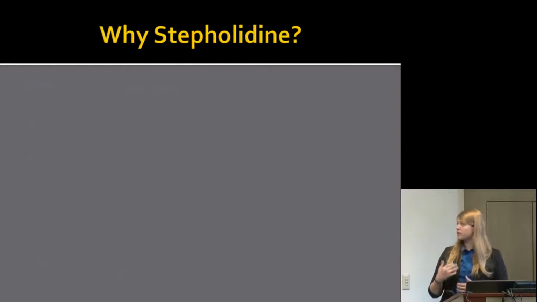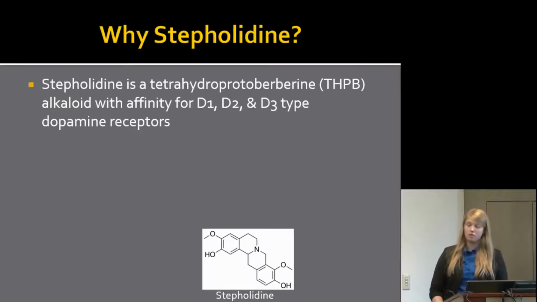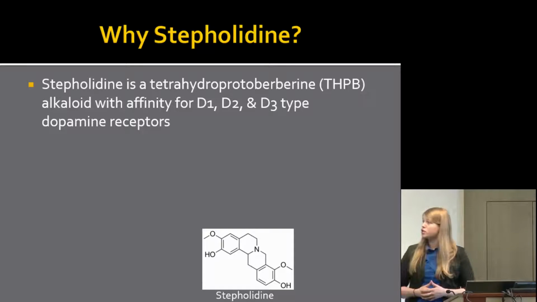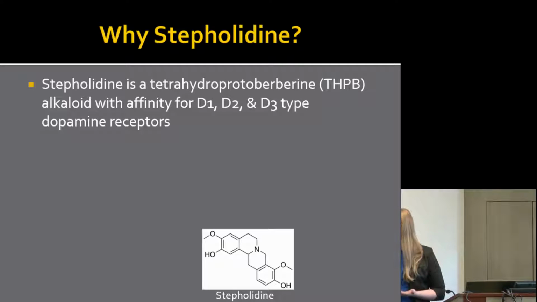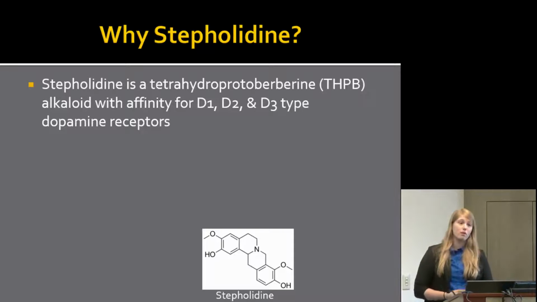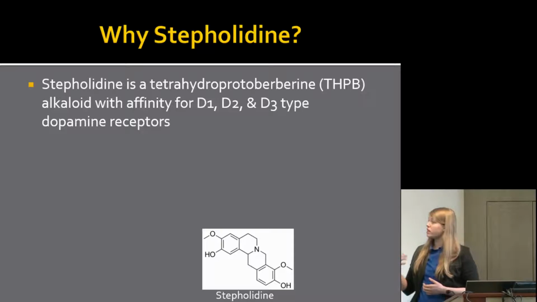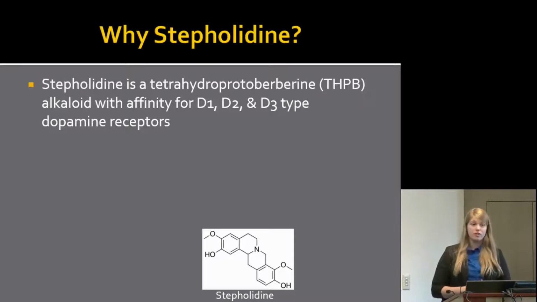So why are we talking about this molecule stepholidine I mentioned in the title? Stepholidine is a THPB alkaloid, and all that really needs to mean to you is it's this tetracyclic 4-ring structure here with these 2 methoxy groups and 2 hydroxyl groups, as well as the nitrogen. They all may have implications in the affinity for the receptors. Currently, stepholidine has an affinity for D1, D2, and D3 type receptors.